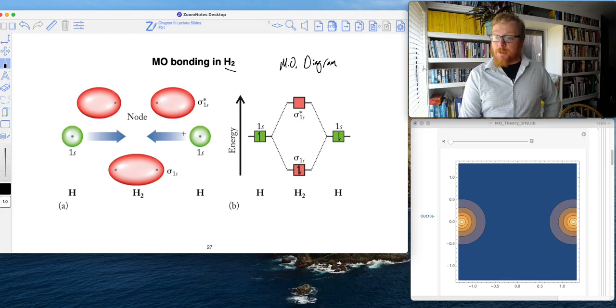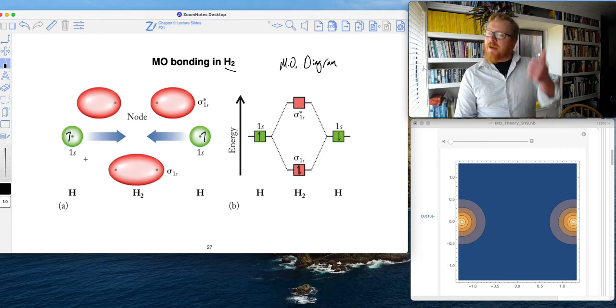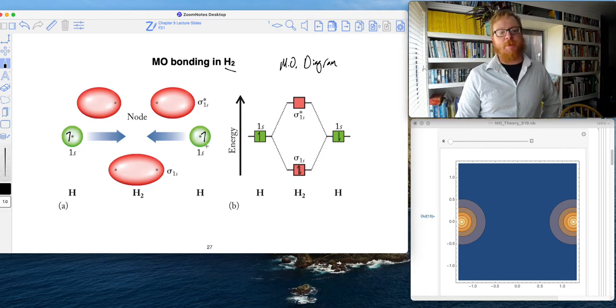We start with two separated hydrogen atoms, and there's an electron in each one of these, as represented by the dot. I drew it with a spin up arrow. And as these get closer to each other, they can create that bonding orbital, so I'll write bonding.